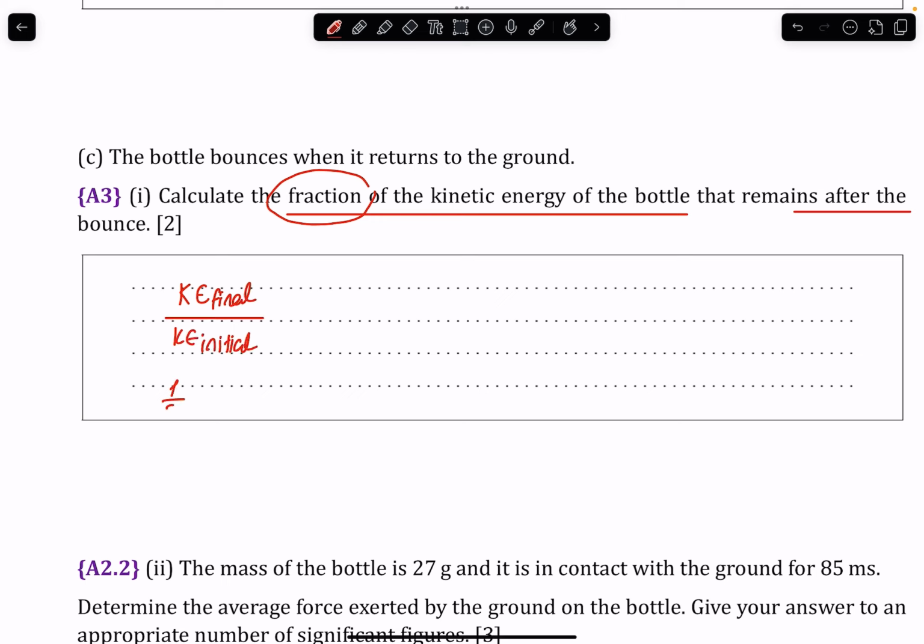We can calculate kinetic energy from 1/2 times m times v squared. Here we don't know the mass, and it's not important, because mathematically you can just say that this is v final squared over v initial squared.